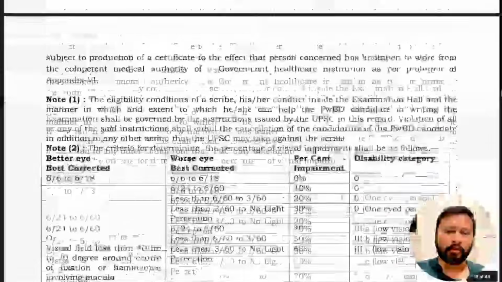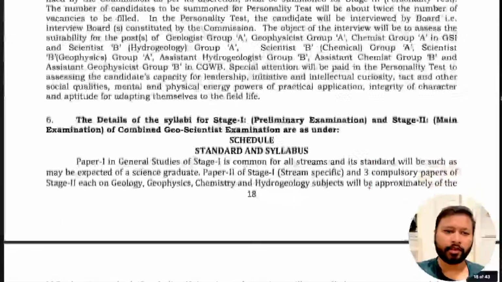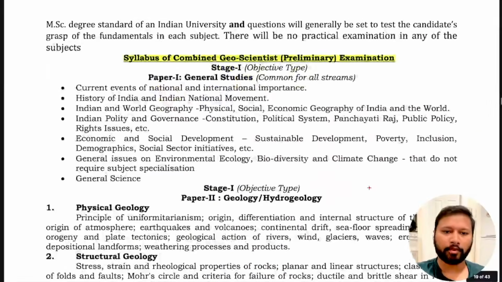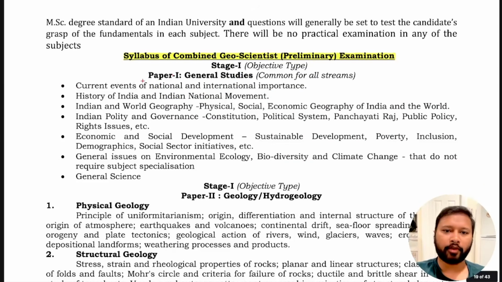Okay. All right. Next important thing is about the syllabus. The syllabus for general studies is very common. It is the same GS syllabus as for any UPSC exam, but it is not up to the UPSC IES level GS.